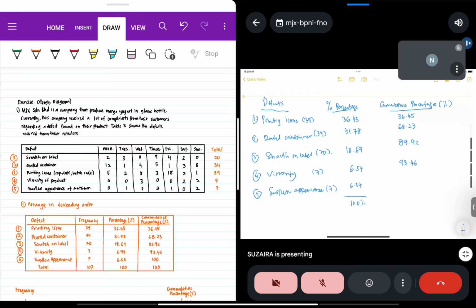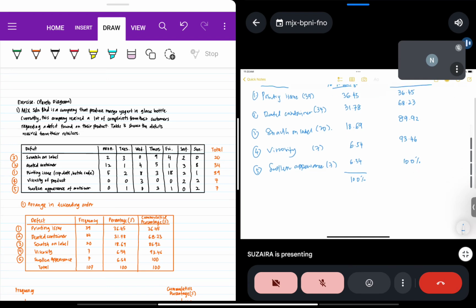And plus with 6.54. 100. Okay. So once you already have this, what we need to do now is we want to develop the Pareto diagram.